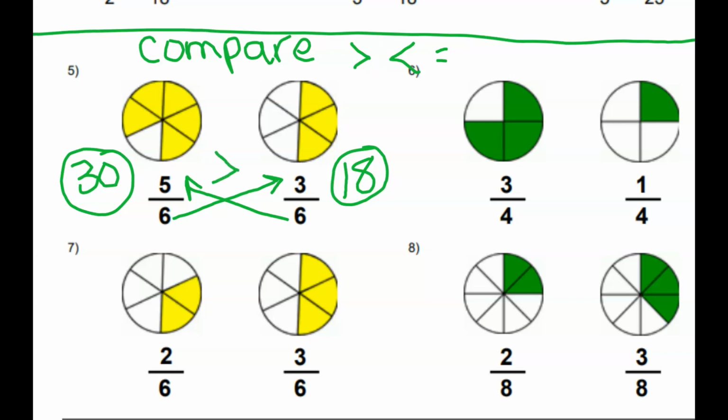So my comparing sign will open towards 5/6. I can see in the picture that this one has more shaded than this one. I can also look, because we have similar denominators, we'll learn the difference if the numerators are the same, that the larger number is the larger fraction, but that is only if they have the same denominator.